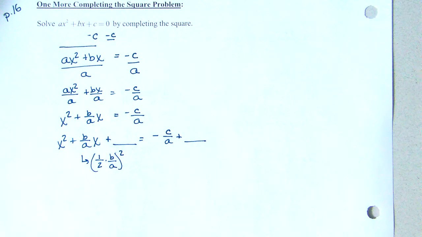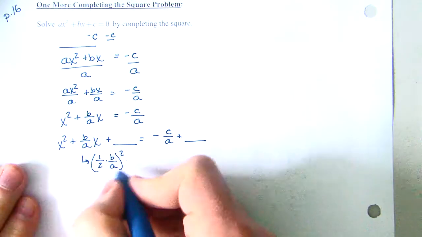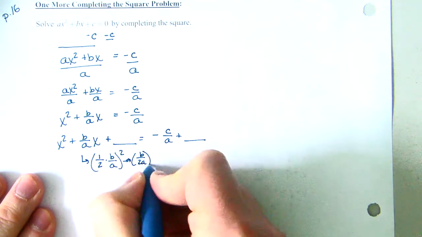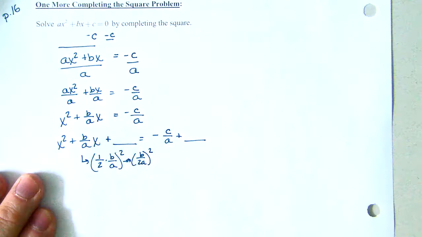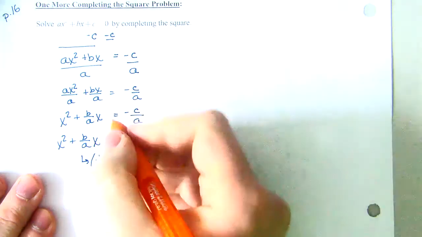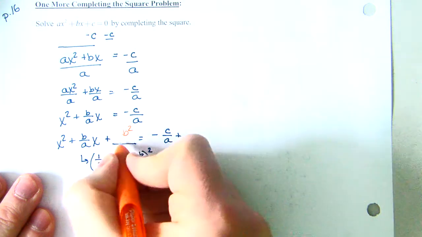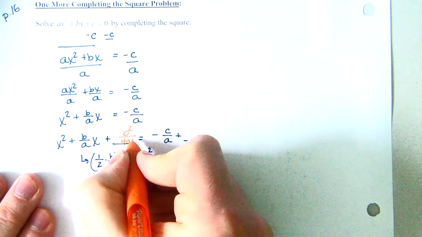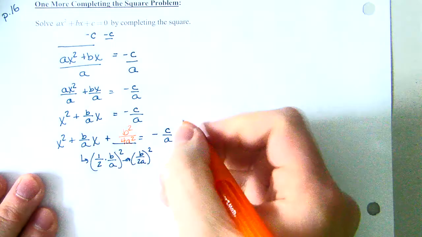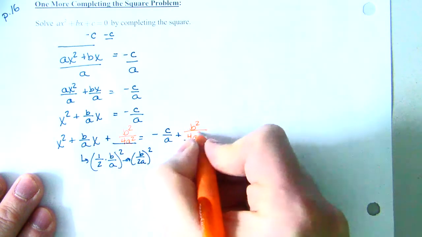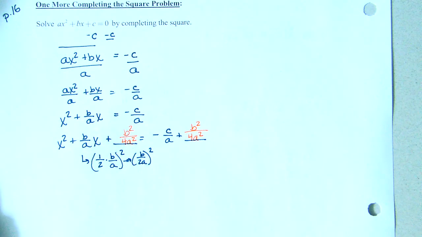What's that going to give you? Well, let me see here. This is b over 2a, which I'm squaring. Square the top, you get b squared. Square the bottom, you get 2 squared and a squared, so 4a squared. I'm going to go and add b squared over 4a squared to both sides.